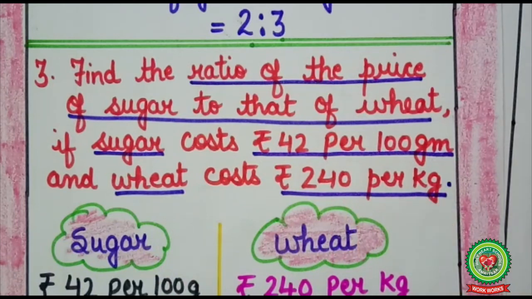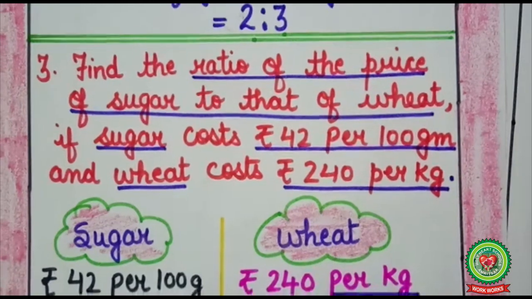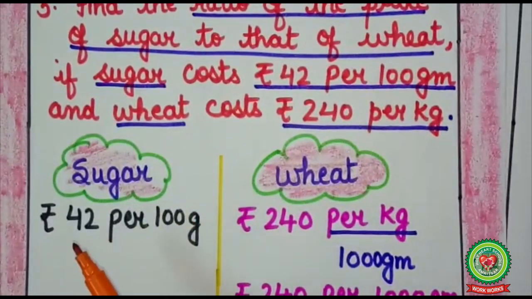Here, as you can see, it is given per 100 grams and here it is per kilogram. So, we will change the bigger unit into the smaller unit.